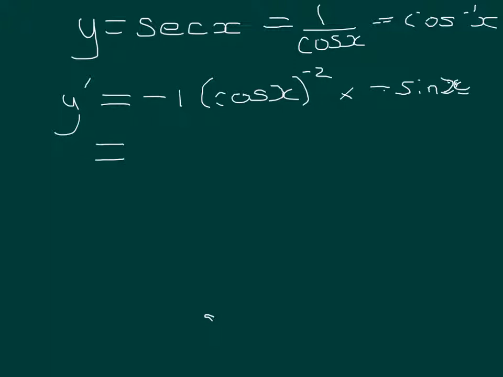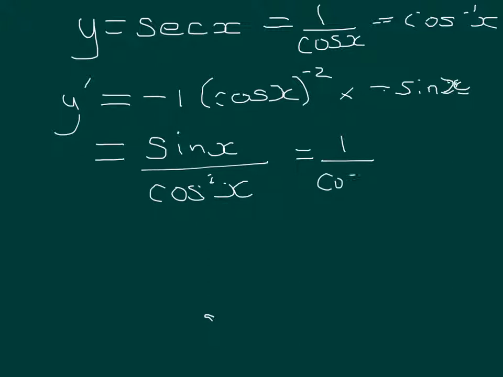Now a negative times a negative is a positive, so that just leaves us with sine x on the top, and all across the bottom we have cos squared x. And so if we wanted to, we could again split this up into 1 over cos x multiplied by sine x over cos x.